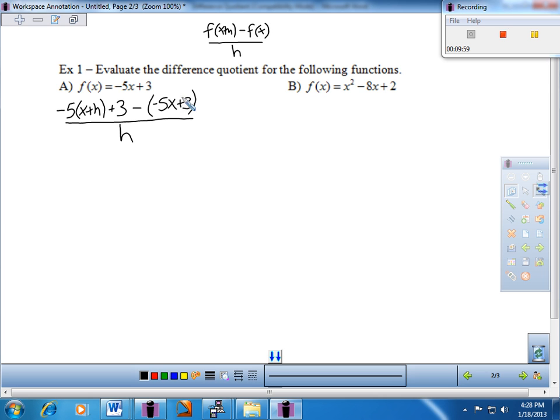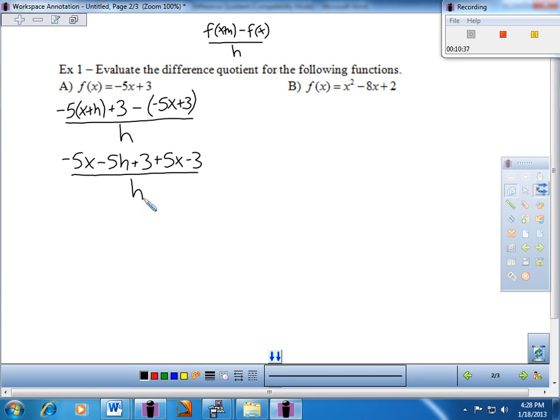So here we go. Let's distribute, remove all parentheses. Negative 5x minus 5h plus 3. Now look, plus 5x and minus 3, and all of that is over h. It's going to get ugly on us for a little bit, but it cleans up really nicely if you've played your cards right.